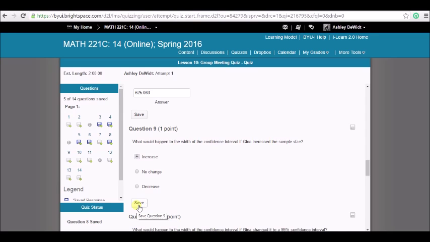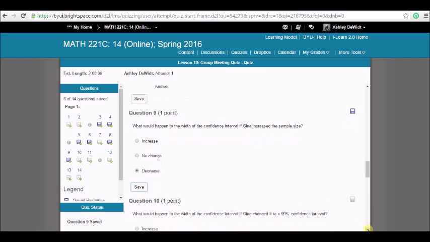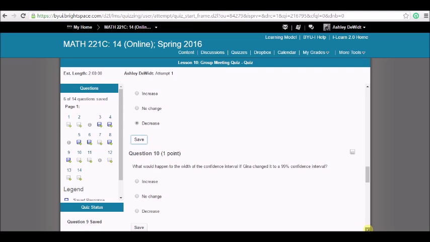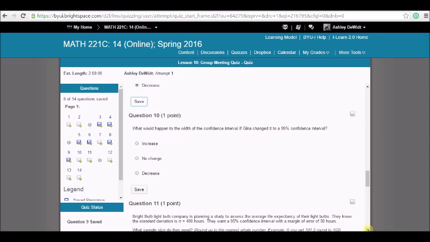So I think it does decrease. Okay, I think you're right. What would happen to the width of the confidence interval if Gina changed it to a 99% confidence interval? I think that one increases.